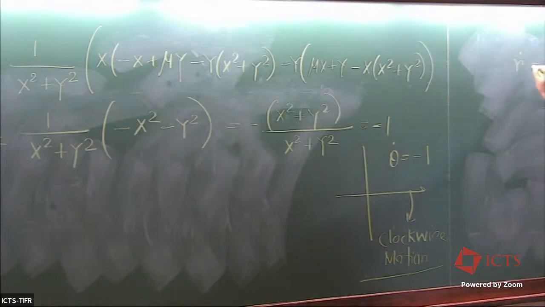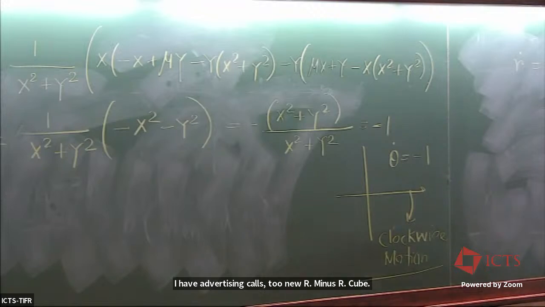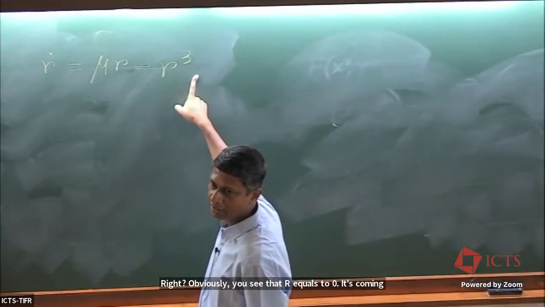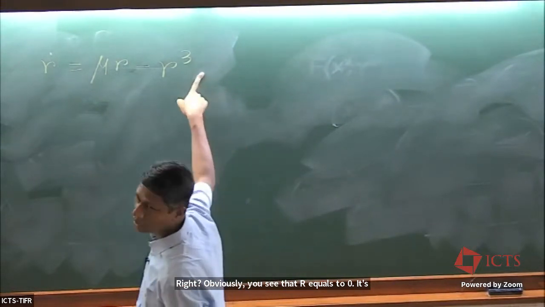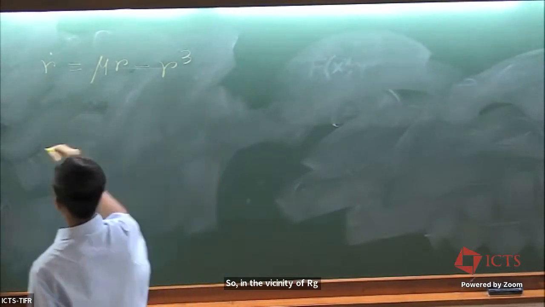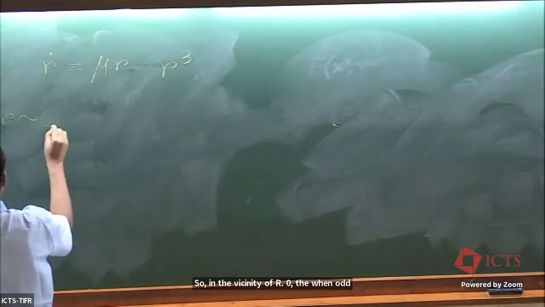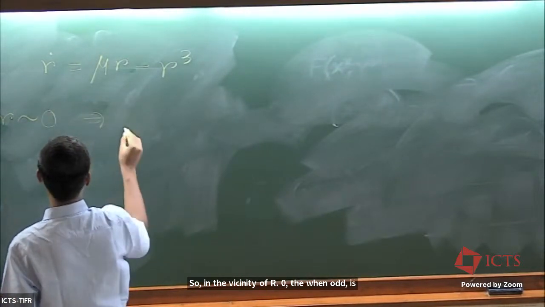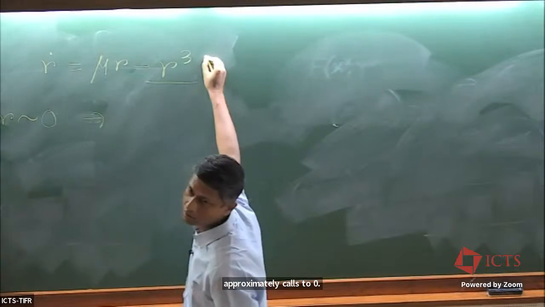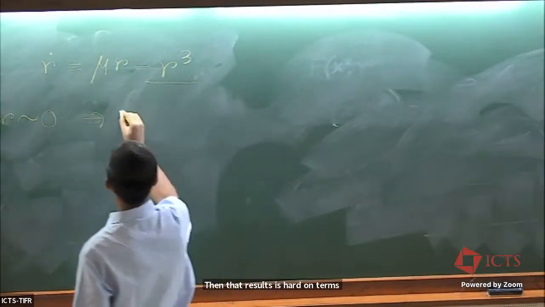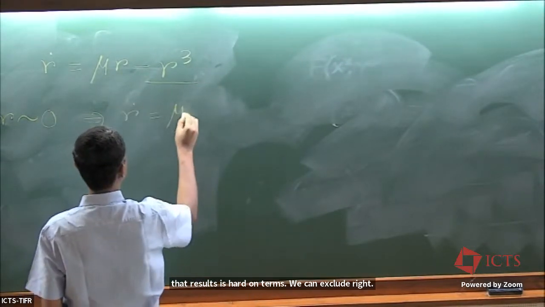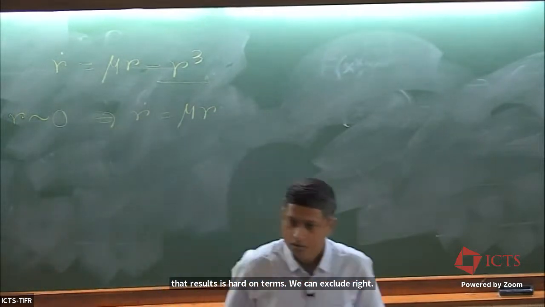Now I have r dot equals mu r minus r cube, right? Obviously you see that r equals 0 is coming out to be one fixed point, right? So in the vicinity of r equals 0, when r is approximately 0, these higher order terms we can exclude, right? I have r dot equals mu r.